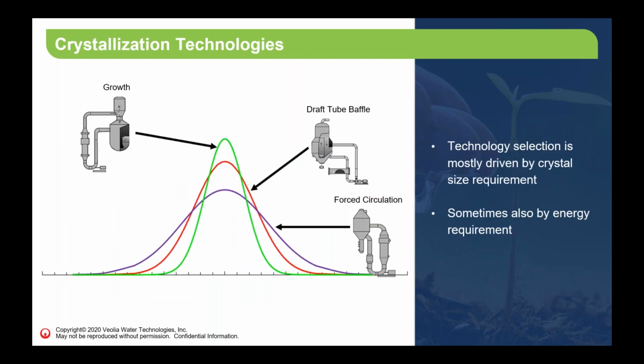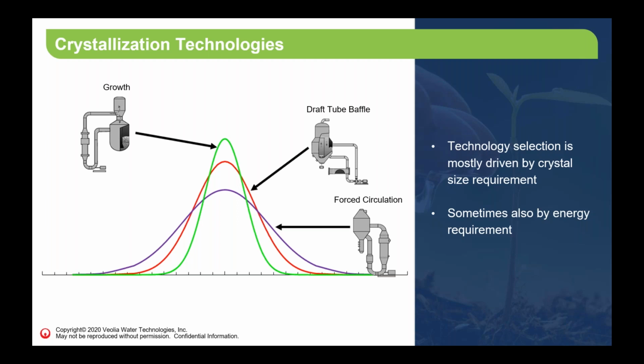Crystallization technologies. We have different technologies. The technology selection is mostly driven by crystal size requirement. Sometimes it's also driven by energy requirement, but most of the time it's by crystal size requirement. In the following graph, we show the three main technologies and the crystal size distribution.